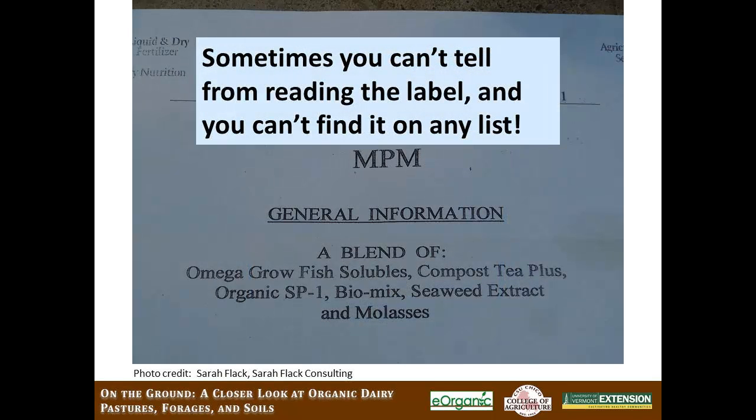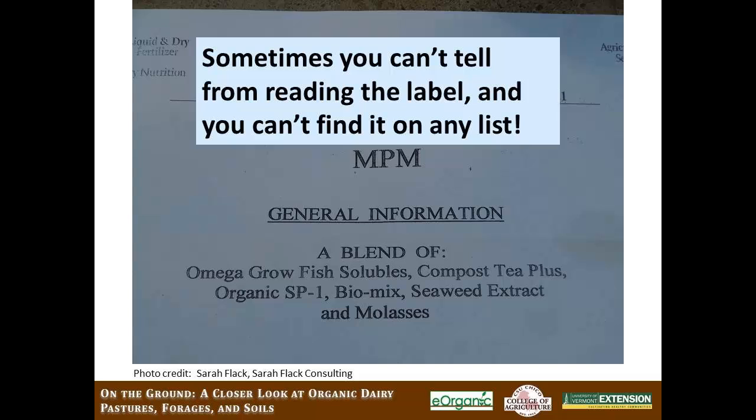And then there are also quite a few labels where you really are not able to tell whether it's going to be allowed or not from just looking at the label, because it doesn't give you quite enough detail. In this case, this is a blend of a lot of different types of fertilizers made into one master blend fertilizer. So it's got some fish in here, but we don't know exactly what type of fish it is.